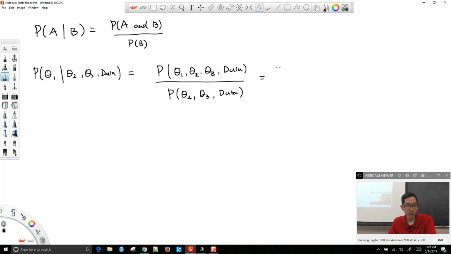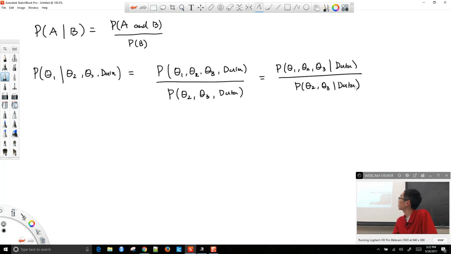Okay, and then the numerator, if we make everything conditional on the data, we can also just say this is theta 1, theta 2, theta 3 conditioned on the data divided by the probability of theta 2 and theta 3 conditioned on the data. So that's also an option, right? So we can condition everything on the data.